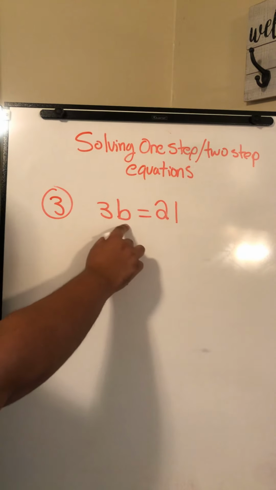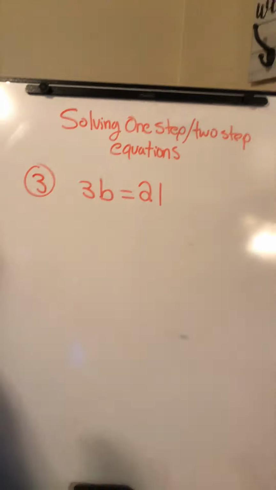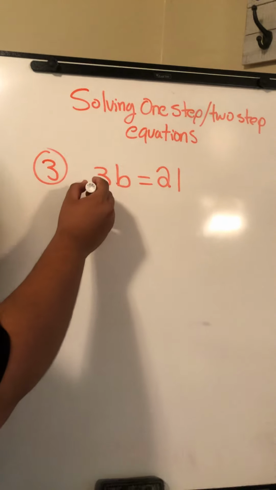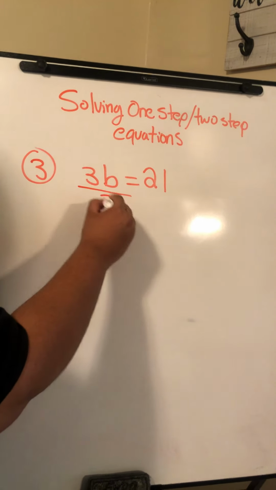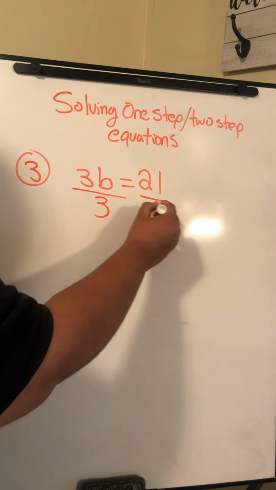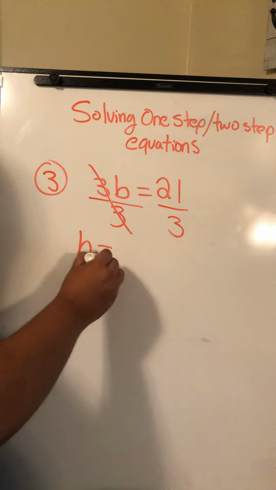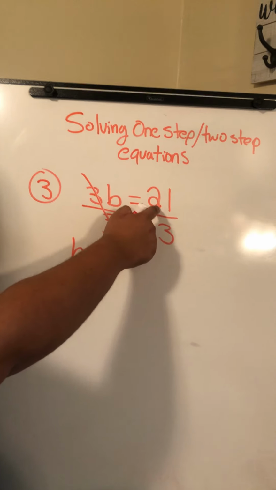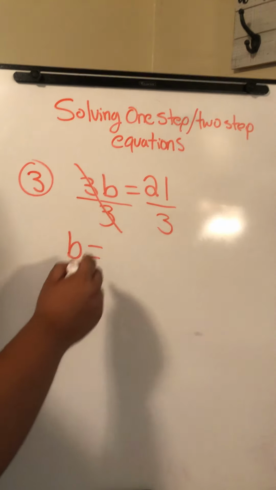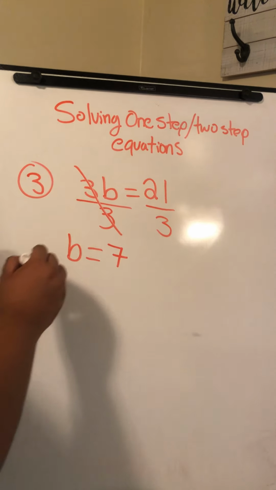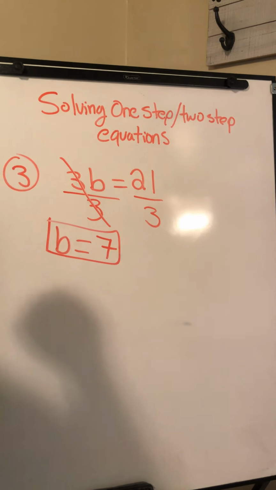So it's just going to be 3b. So you know this means multiplication. What is the opposite of multiplication? It should be division. So I'm going to divide out 3. This cancels. B equals, what is 21 divided by 3? That should be 7. And that is my answer.